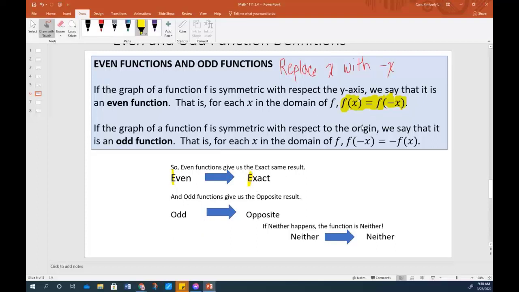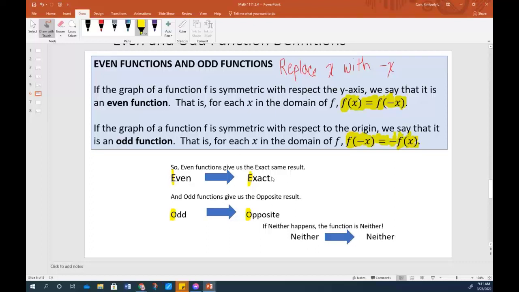By contrast, if you look at this definition of the odd function, if you plug in the negative x, you get a negative in front, which really means that's the opposite. So if you plug in a negative x, you get the opposite, okay? And that is odd. So if you look down here in my notes, odd functions will give you the opposite.